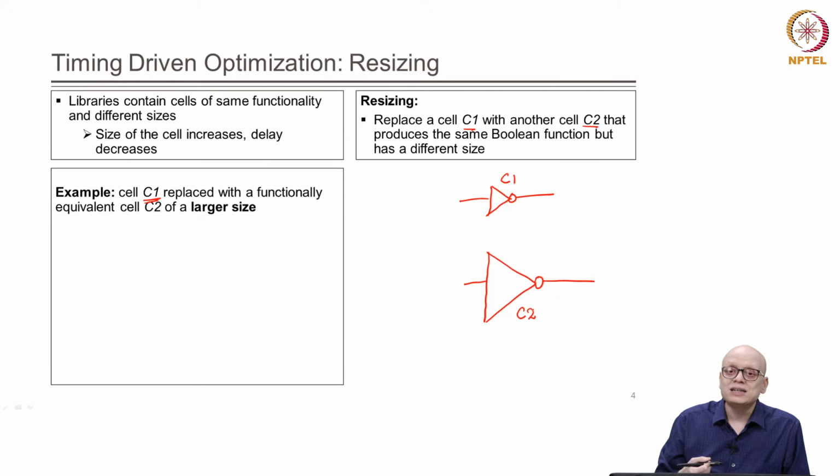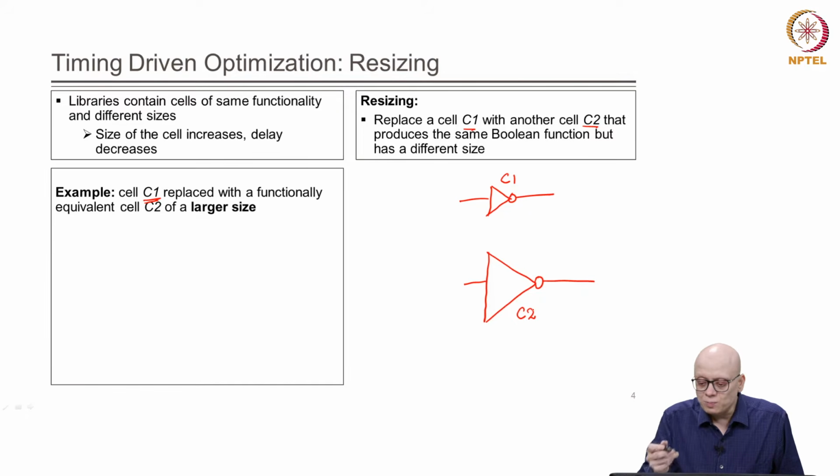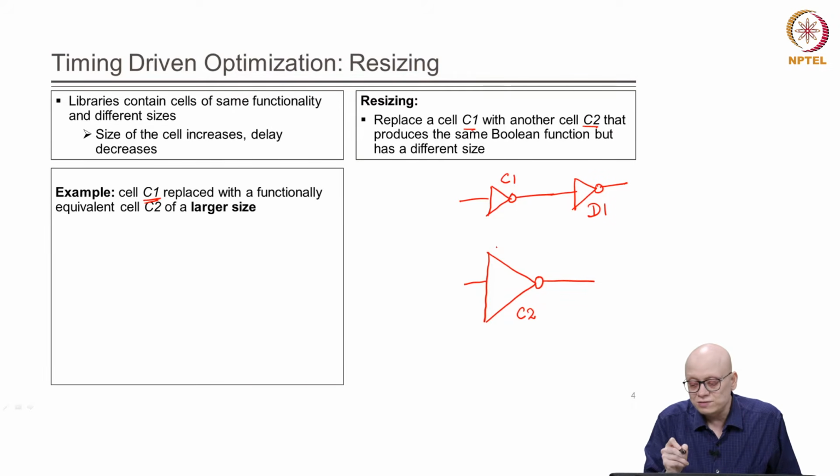Now, because of changing this size, what effects do we expect? Suppose this cell was driving another cell, say D1. We are changing the size of C1 but not of D1. So, here also we will have a D1.